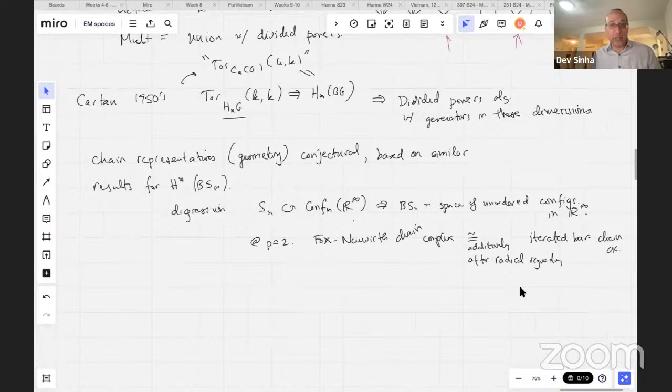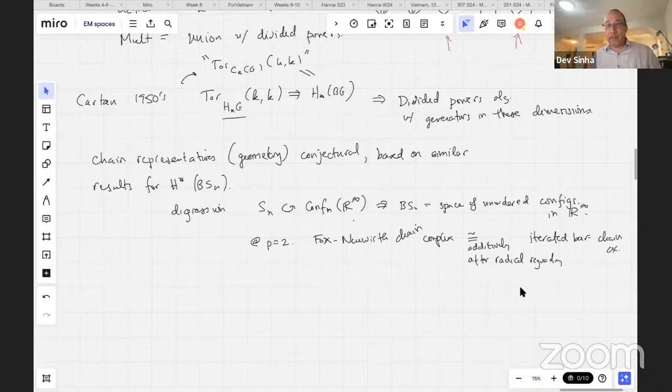The Fox-Neuwirth chain complex is on the one-point compactification for unordered configuration spaces, and basically what happens there is there's a formal point at infinity, where two points without labels, when they collide, they just go to the point at infinity. That's just the standard one-point compactification definition.